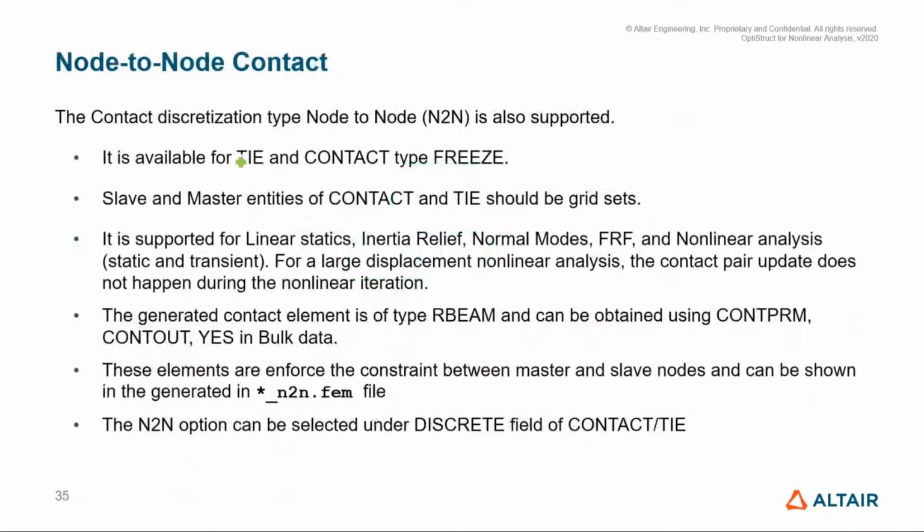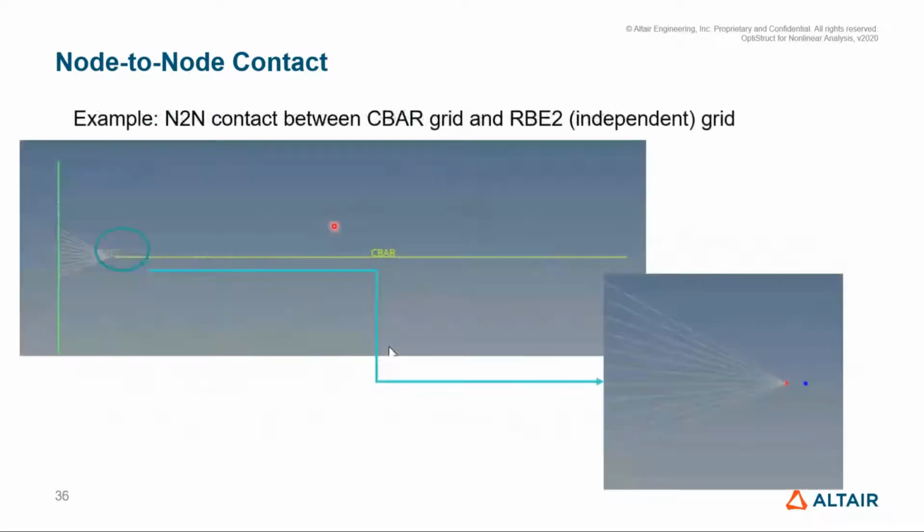There are some cases where it's seldom used, but just to let you know, we also have node-to-node contact. Why do we seldom use this? Because it will be something like this, node-to-node. We can do this if, let's say, one file has this green shell and the RB2, and the C bar is in another file, and we establish contact between them and read the two files in.